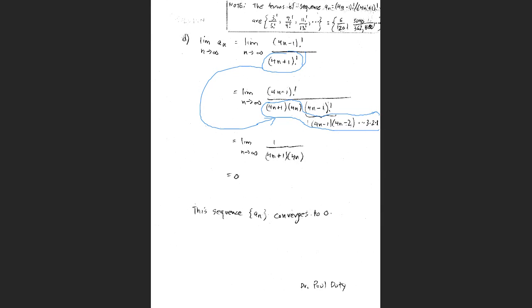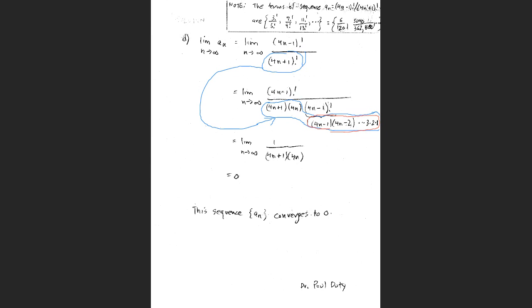Yes. So what I'm doing is this part here, the 4n minus 1 times 4n minus 2 times 4n minus 3 times dot dot dot, you keep going, 3 times 2 times 1. The dots mean you're just multiplying terms in the middle there.